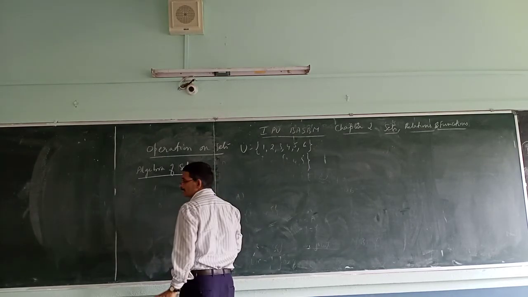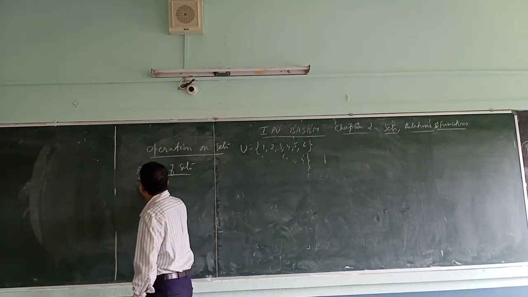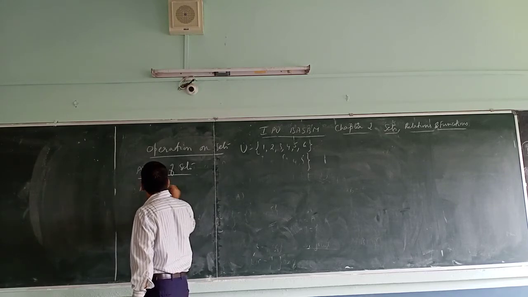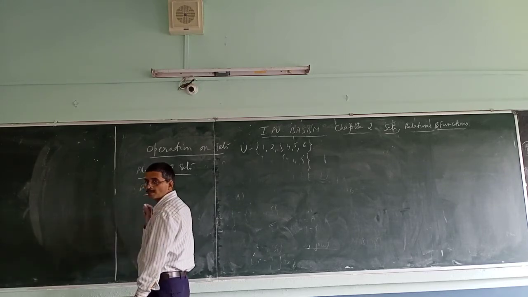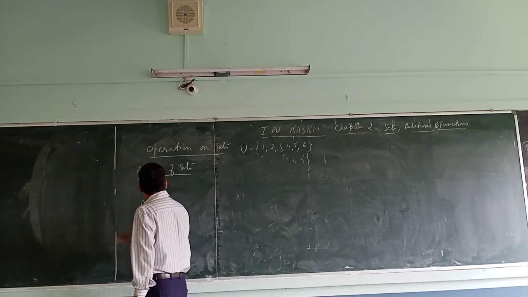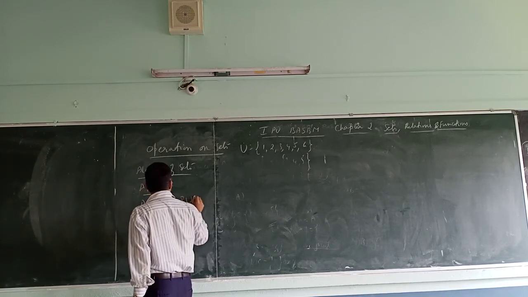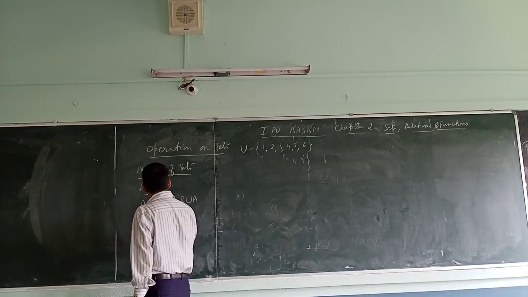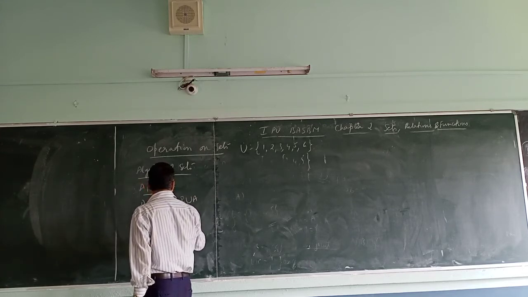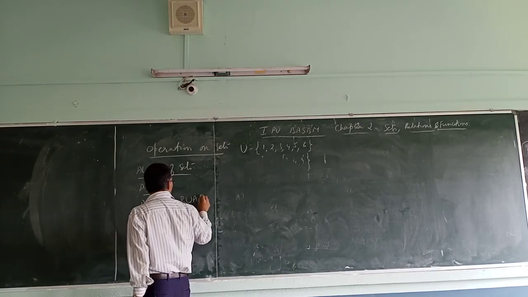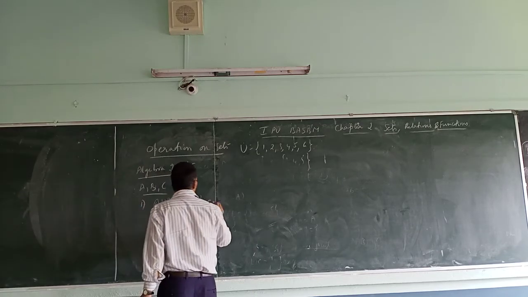If A, B and C are three sets, then we have some properties like the commutative property. So A union B equals B union A. Similarly for intersection, A intersection B equals B intersection A. These are the commutative properties.